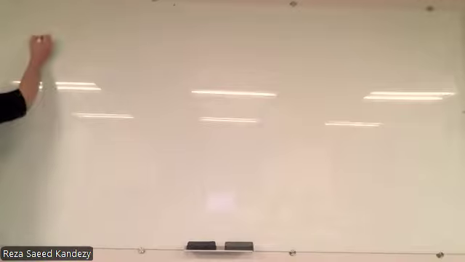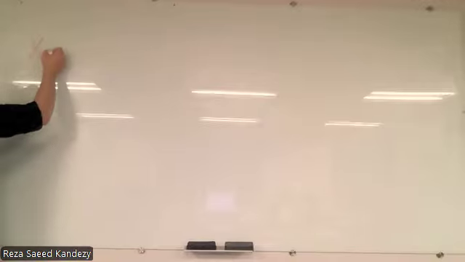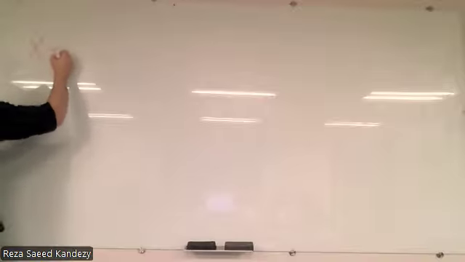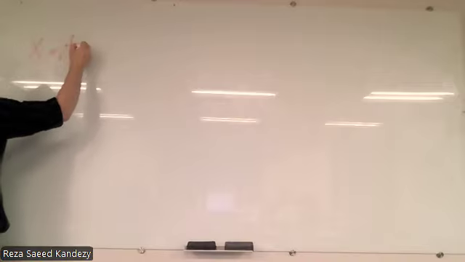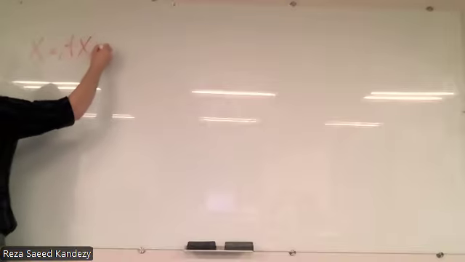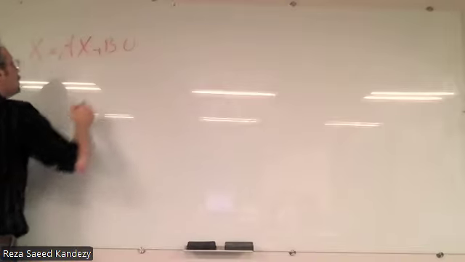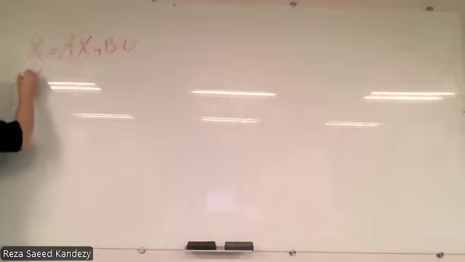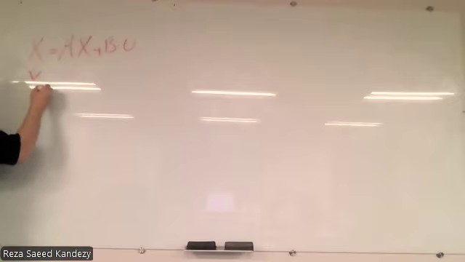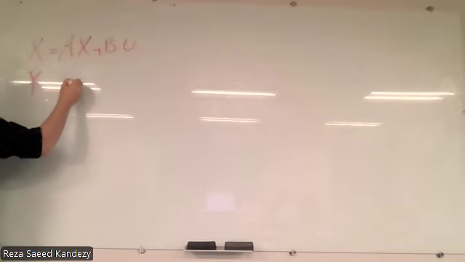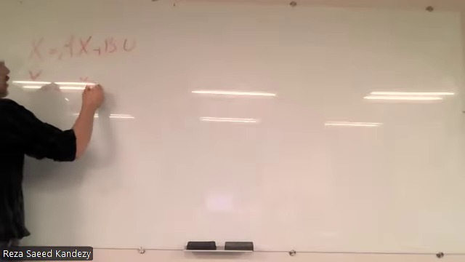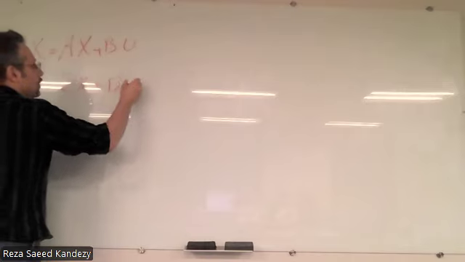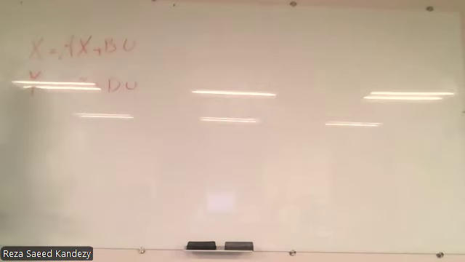The equation that defines the state space model is x dot equal to Ax plus Bu, and our output y is equal to Cx plus Du. Very good. That was our state space model in matrix form.